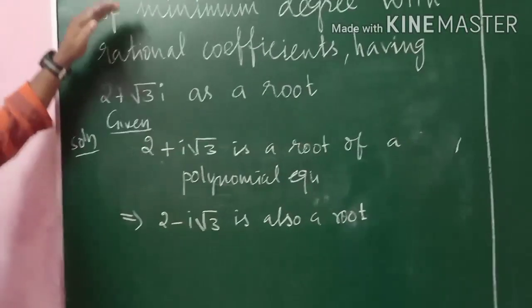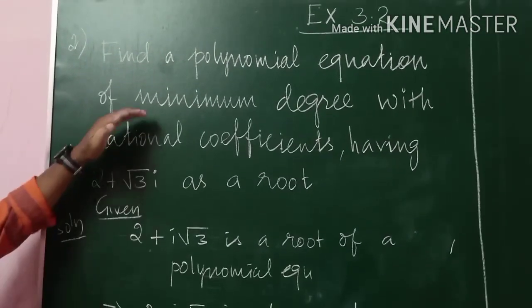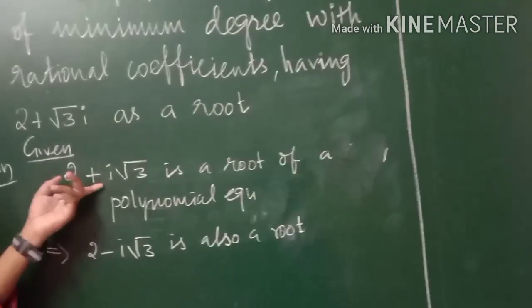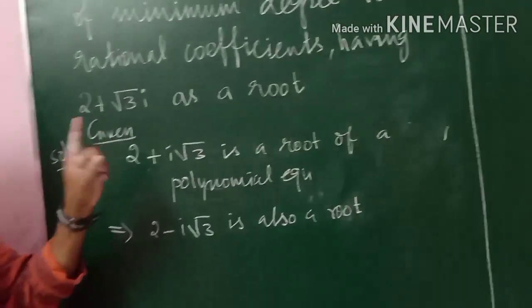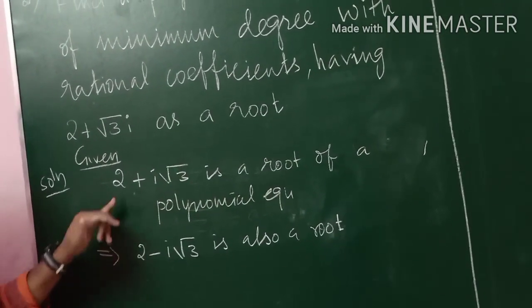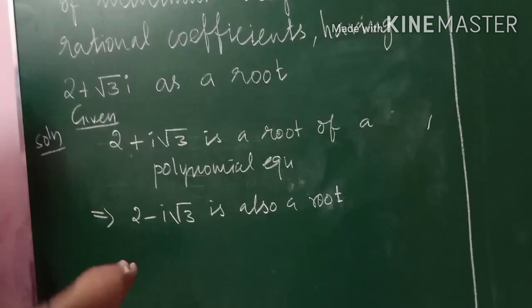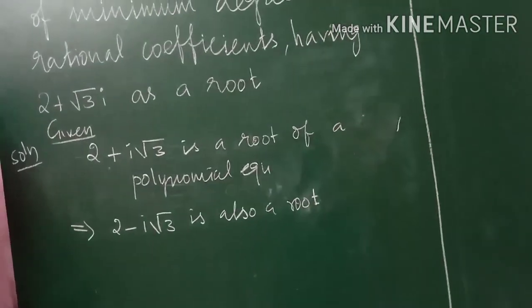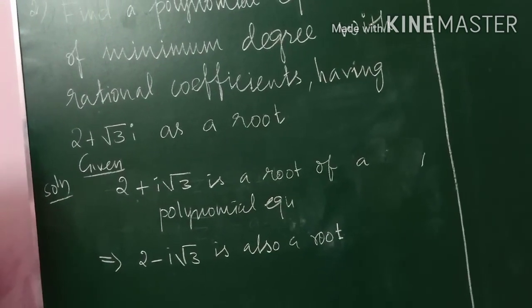So what we have to find? We have to find a polynomial equation of minimum degree. So 2 plus i square root of 3 is root means what? It is a linear equation. ஒரே root தான் அது linear equation. அதுல வந்து என்ன பண்ணலாம்? இத வச்சு நம்ம இன்னொரு root கண்டுபிடிச்சிருக்கோம். அப்ப இந்த ரெண்டு root வச்சு நம்ம என்ன பண்ணலாம்? quadratic equation தான் ஃபார்ம் பண்ண முடியும். சோ அதுதான் அது. இங்க minimum degree of the polynomial equation.